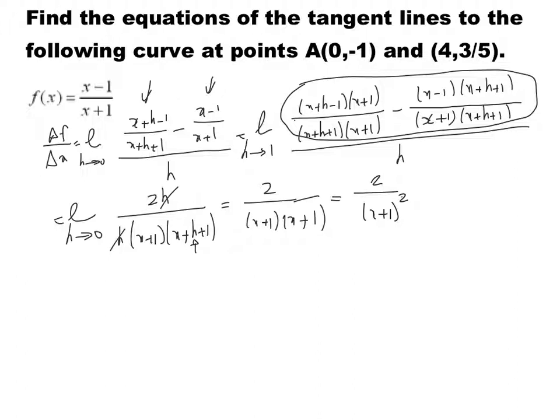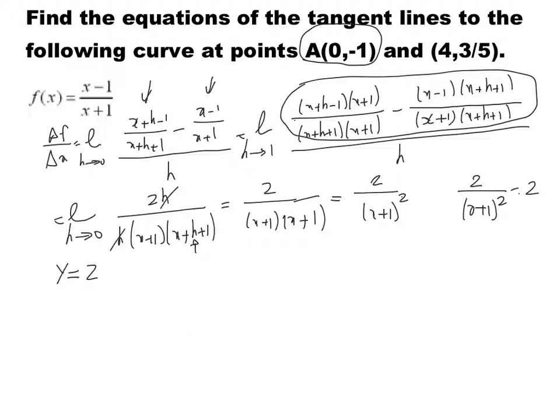Knowing the slope, we look at point A first. I can write the equation of the tangent as y is equal to mx plus b. Since the x value of point A is 0, the slope becomes 2 divided by 0 plus 1 squared, which is 2.